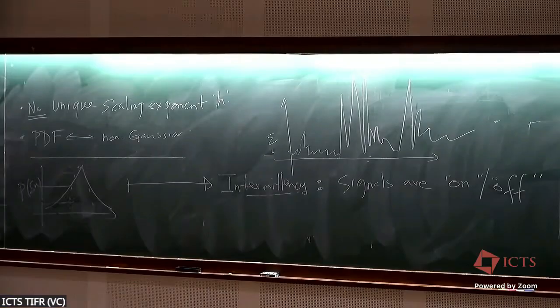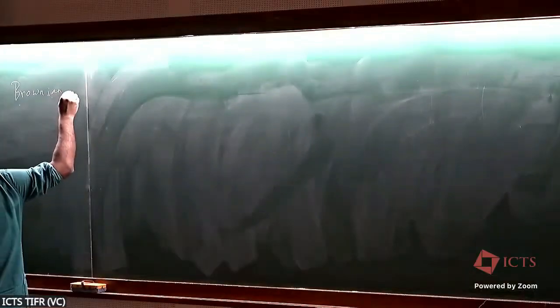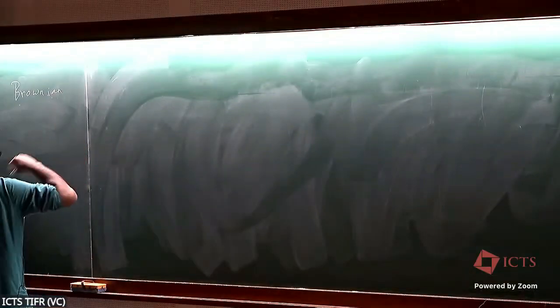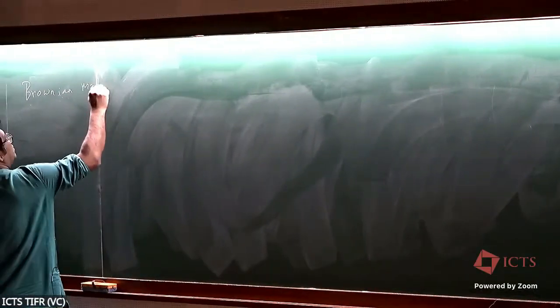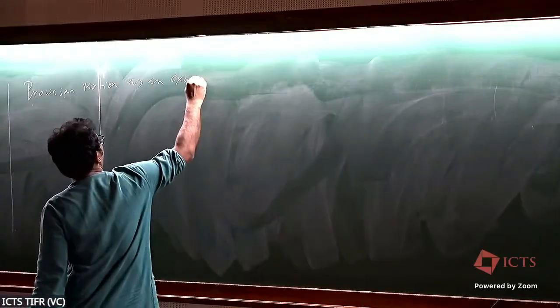Okay. I'm taking this example because this was done last week. All right. So let's look at Brownian motion as an example of a random function.